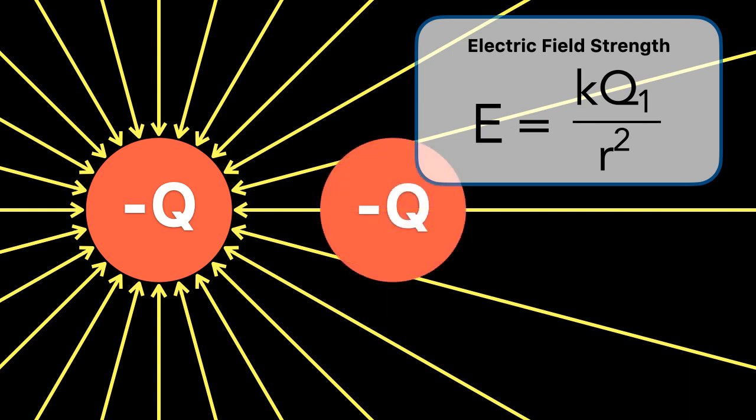Okay, so let's say we put a second charge in the electric field. When you put a second charge in an electric field, it feels a force. So when you put a charge in an electric force field, it feels a force. And since this is negative and negative, these two charges will want to repel.